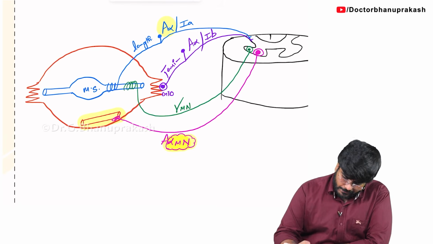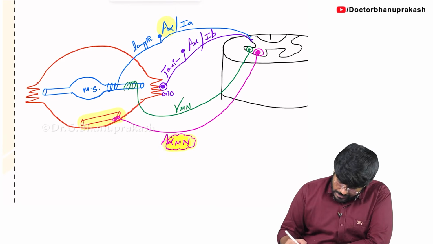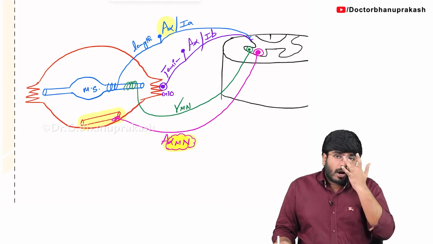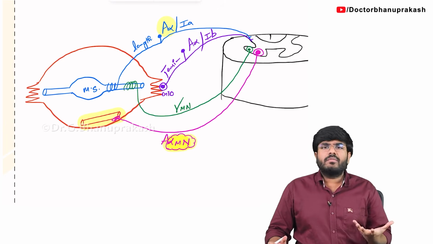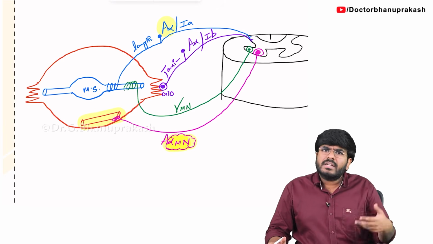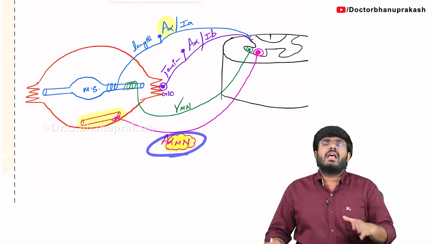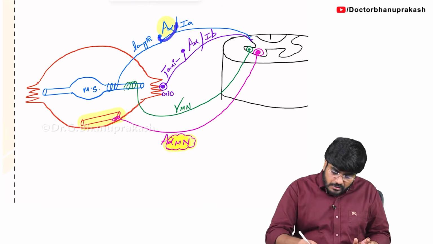This alpha is both a sensory neuron as well as a motor neuron. So in order to take out this confusion, if I say alpha, students will be confused whether it is a sensory neuron or a motor neuron. It's both. So A alpha are mainly motor neurons, but alpha are also sensory.